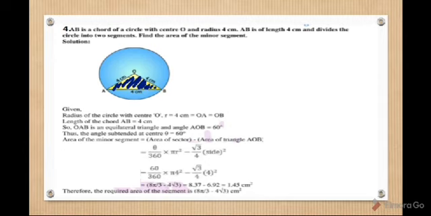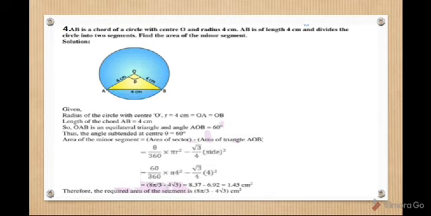Okay. Now look at the figure. First of all, this is the area of whole minor sector. If you subtract this area of triangle from the minor sector, you will get the area of minor segment.